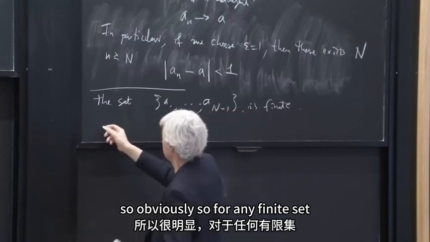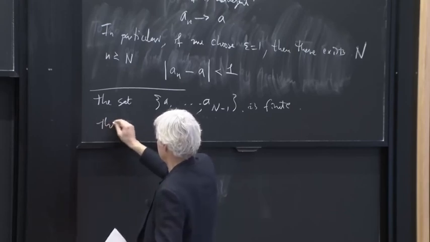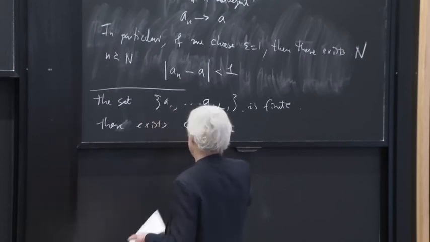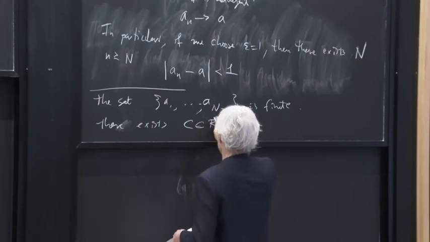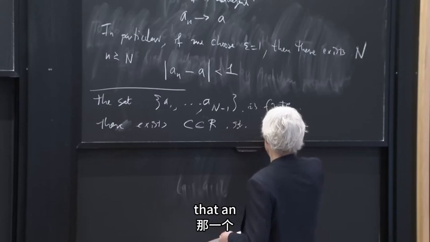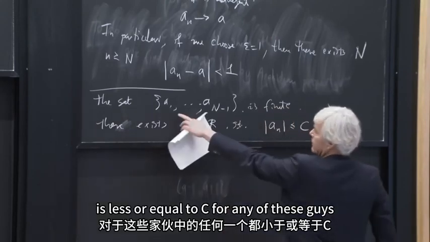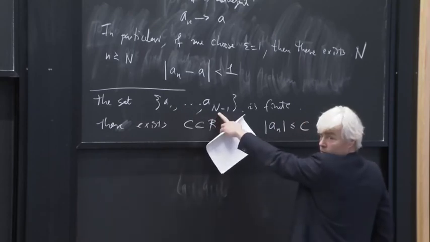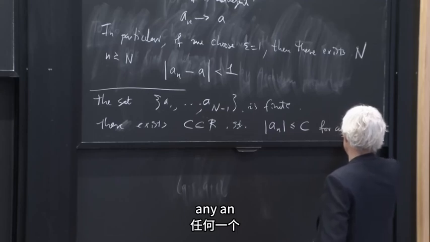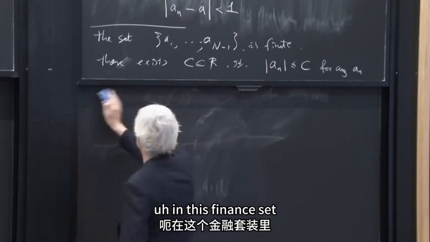So for any finite set, there exists C, a real number, such that |a_n| is less or equal to C for any a_n in this finite set.